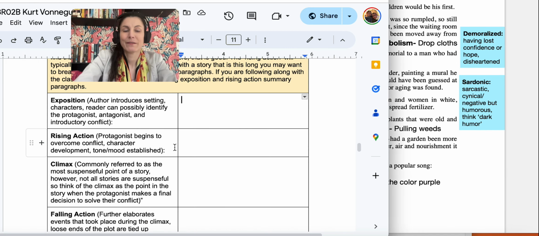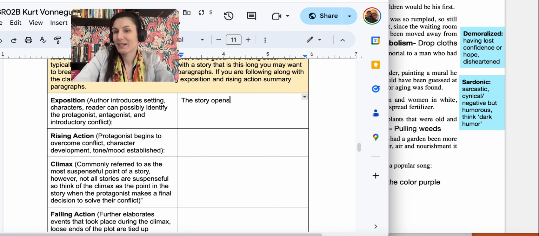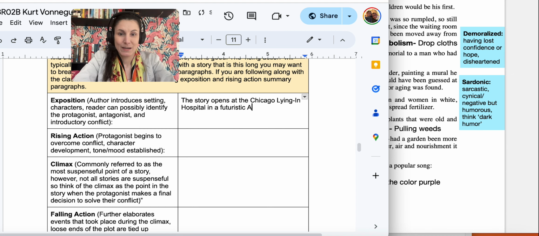We can say the story opens at the Chicago Lying-in Hospital in a futuristic American setting. The reader learns that there is no longer crime, poverty, or wars.